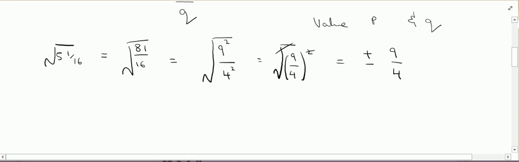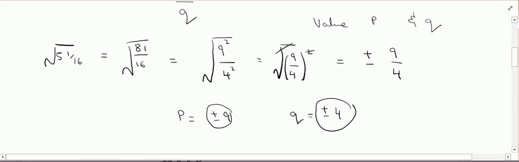So the values of P will be plus minus 9 and Q will be plus minus 4. Both of these values of P and Q are integers. Plus 9, minus 9 and plus 4, minus 4 are all integers. So these are my two values of P and Q as per question's requirement.